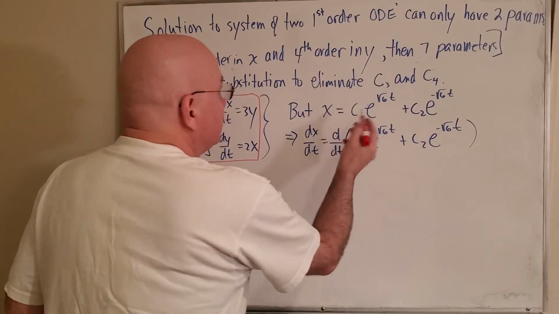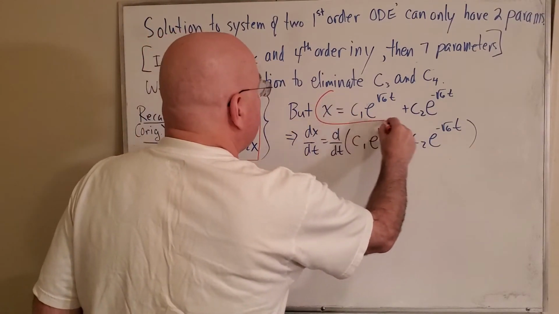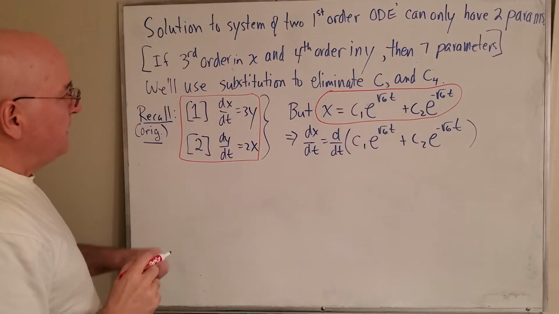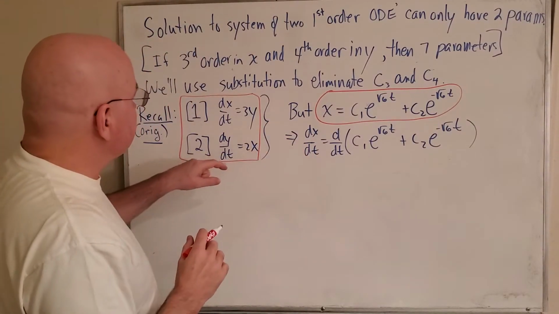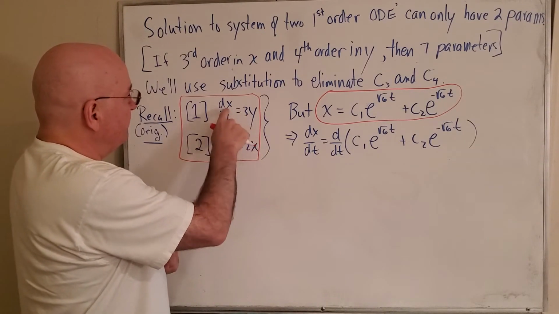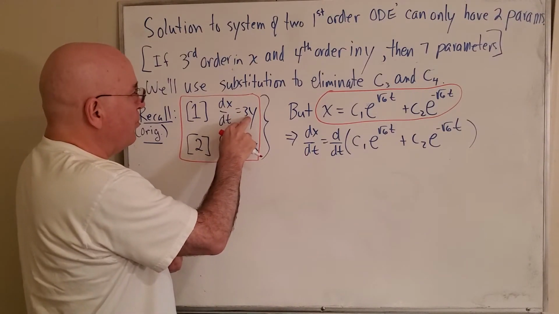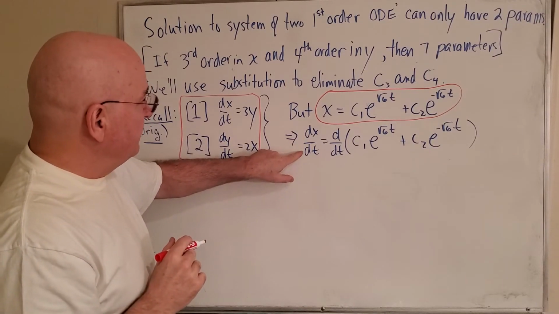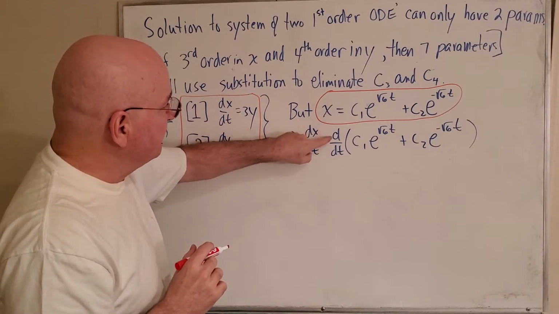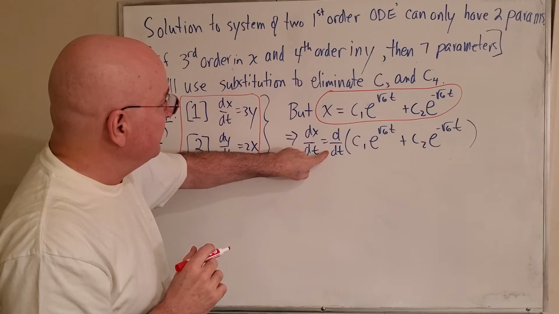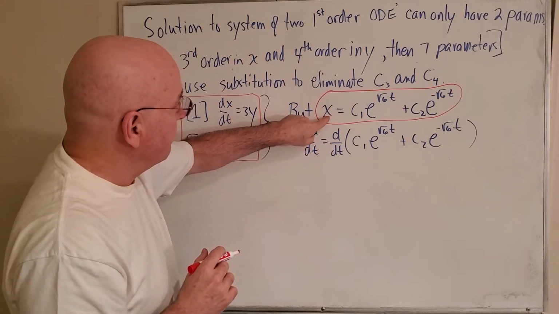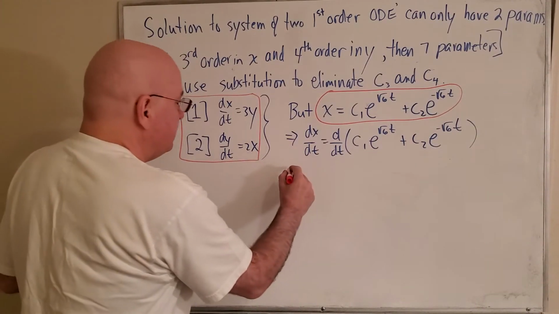X, we just solved for it. We know that. But notice that we've got a relationship here between dx dt and y. dx dt, we can now say, is the derivative with respect to t of x, which is this.